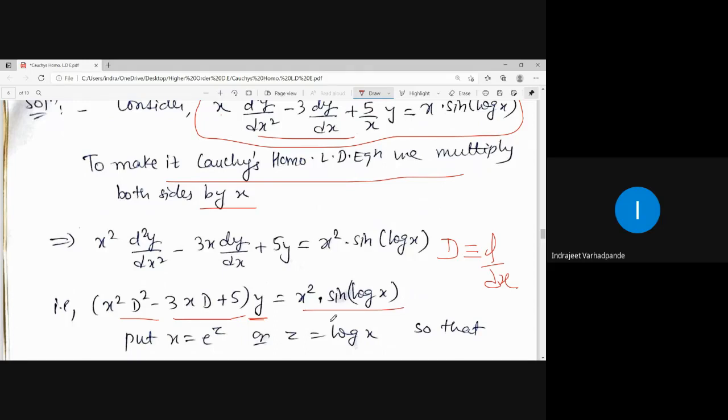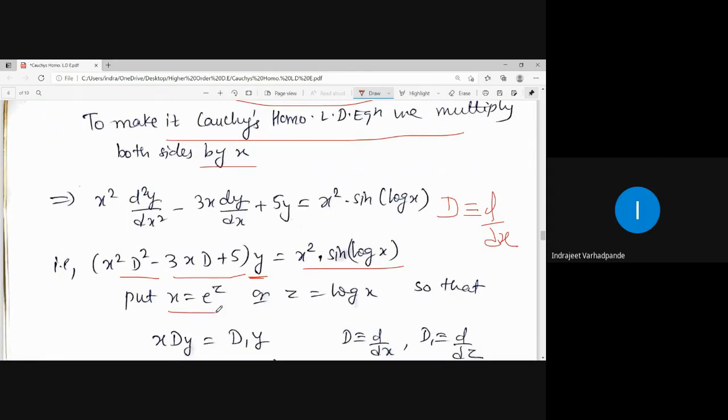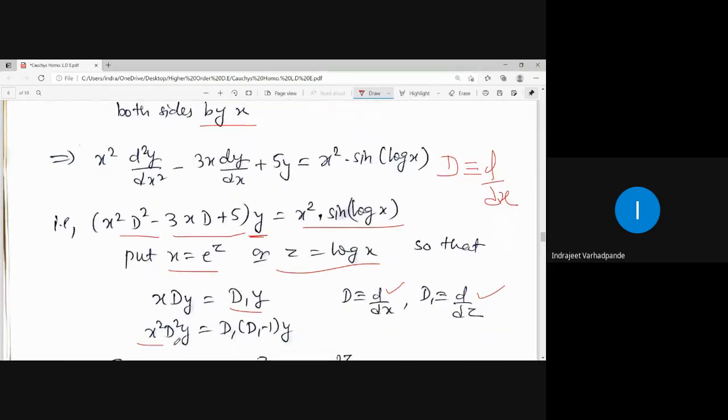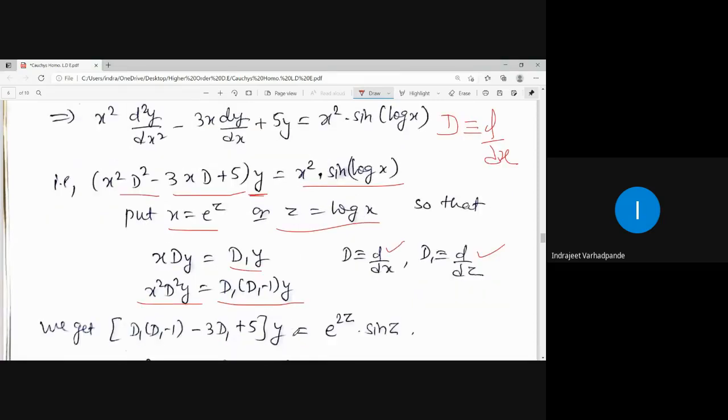Now use the substitution x is equal to e to the power z, or z is equal to log x. xD y will be D1 y, where D is d by dx and D1 is d by dz. x square D square y is D1 into D1 minus 1 y. So convert this differential equation.